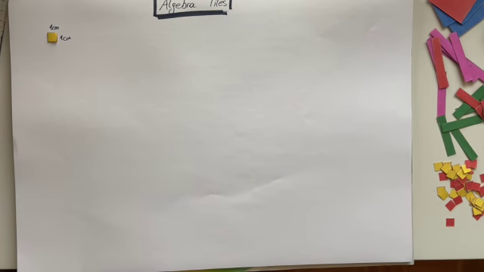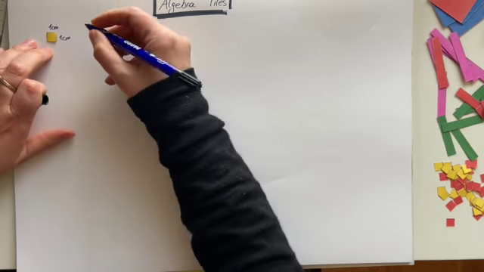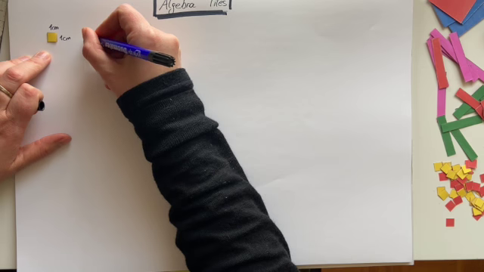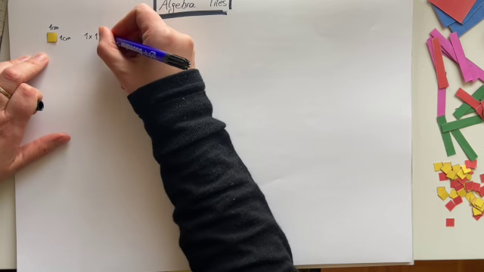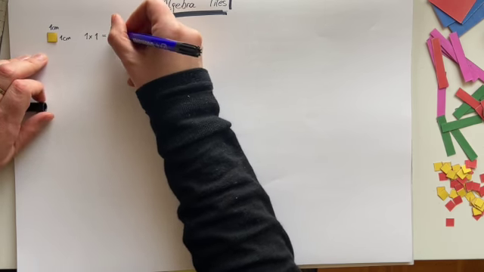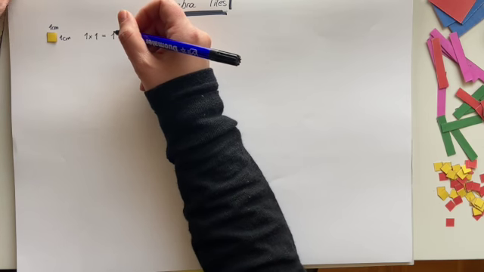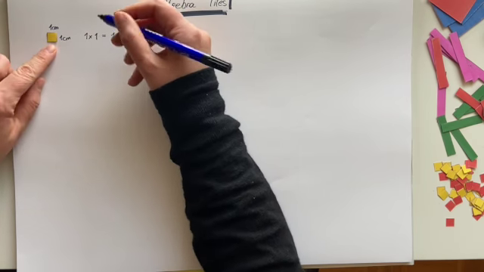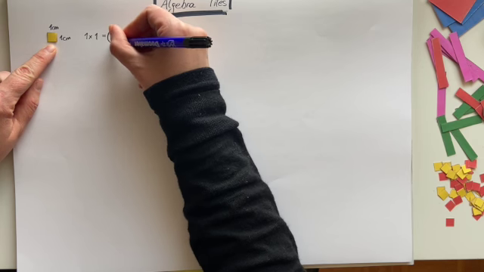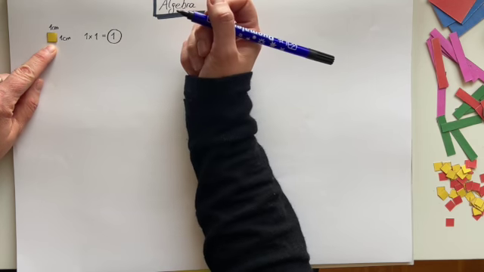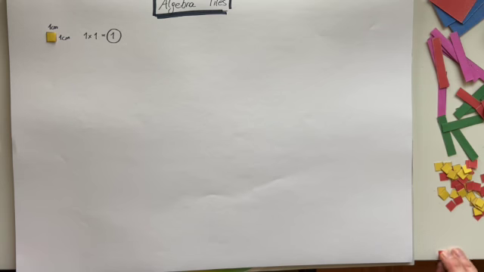So, one by one, if we want to calculate the area, 1 times 1 gives us 1. So this little yellow tile is always going to represent 1. Just 1.